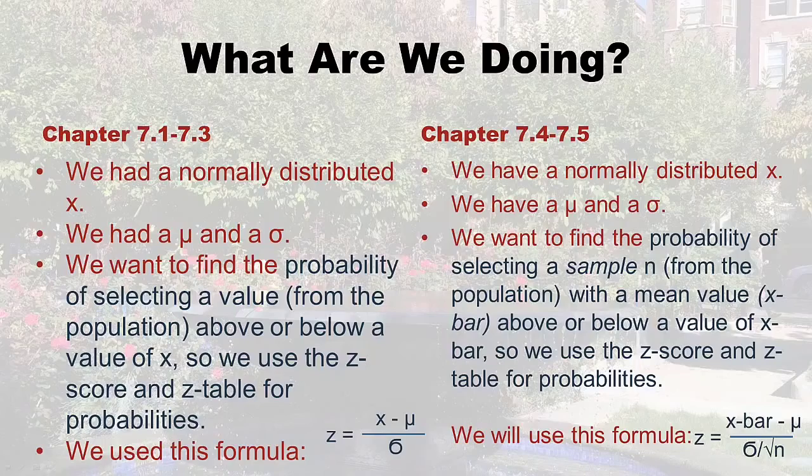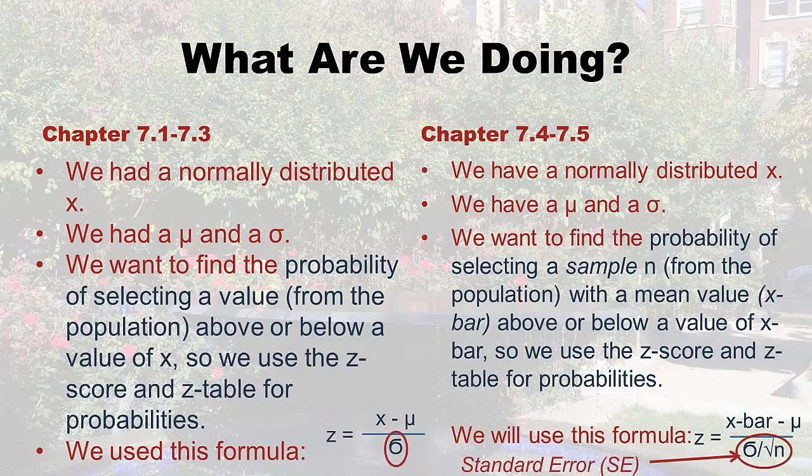We take the x bar, the mean value, from that sample, and that's what we do the z-score on, instead of the x. So in the formula below, the other one just had x in it because we only had one. This one has x bar in it because we have a sample.